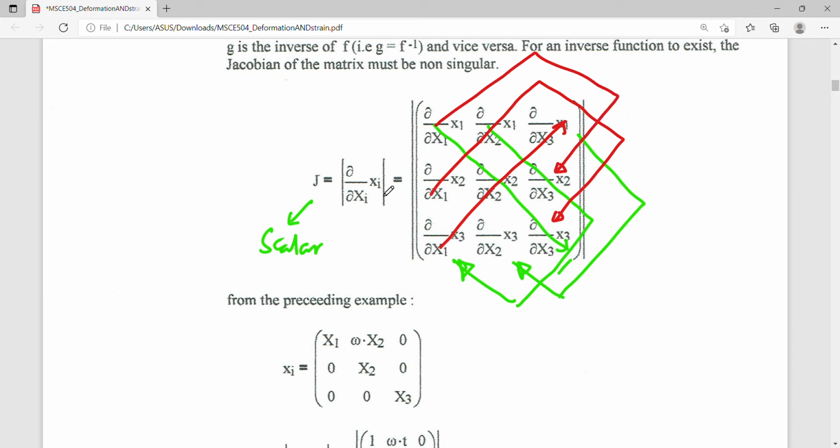Okay, so it's a summation. Repeated index means that this is the sum of the terms formed using a determinant operator. Therefore, this is a scalar.